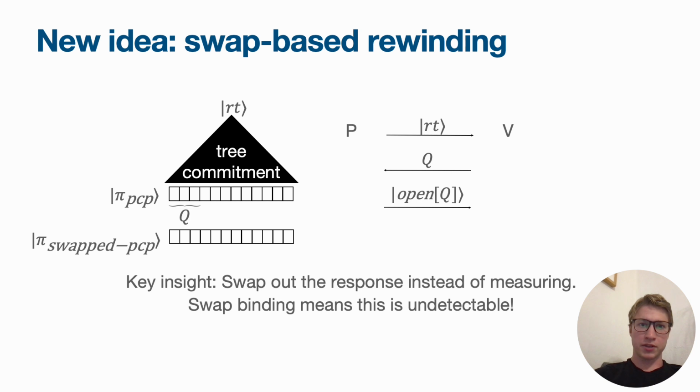So now, every time we ask for a query, we'll go and swap it out with our own internal register where we're going to store the entire PCP. So we ask a query, we swap it out, and then we're going to use CMSC repair again to get the prover back to the successful state, and then do the same thing.